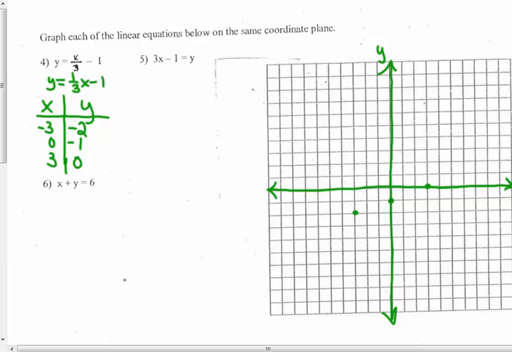And I'm just going to take a moment here and number my axes. I like to number 4 in all directions so I can establish the pattern that yes, each box or each line on the graph paper represents one unit.